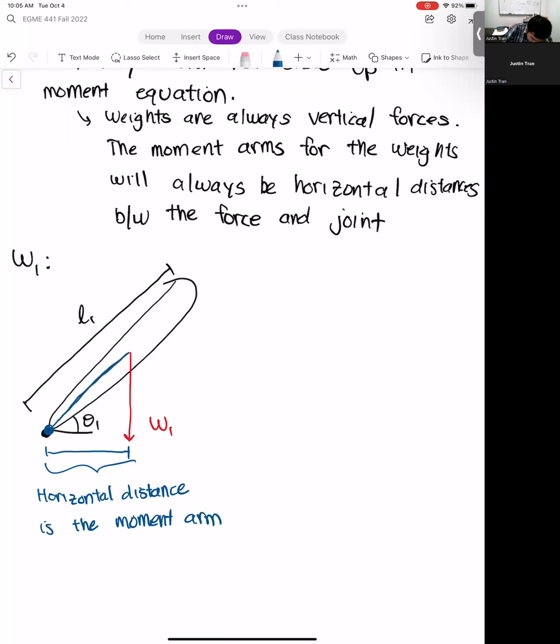If we draw a triangle, the hypotenuse of the triangle is going to go straight from the joint to where the weight is acting. Let me kind of extract this triangle here. All I did was draw a triangle with the hypotenuse going up to where W1 is acting.